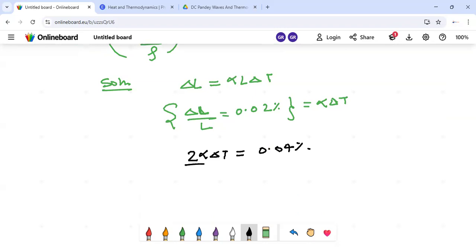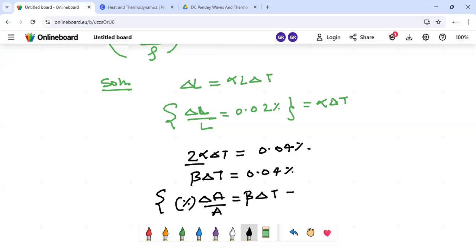Now, what does 2 alpha mean? 2 alpha means beta. So beta delta T is 0.04%. And beta delta T, if you remember, is nothing but delta A by A, which means change in area percentage. Is this point clear to all of you?